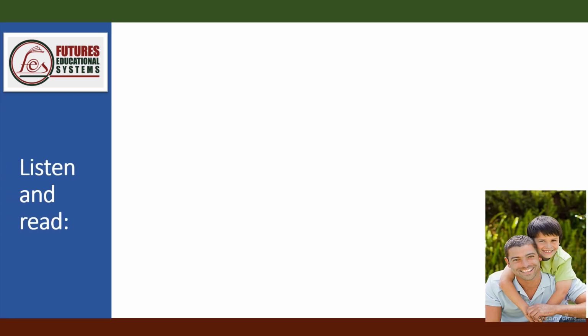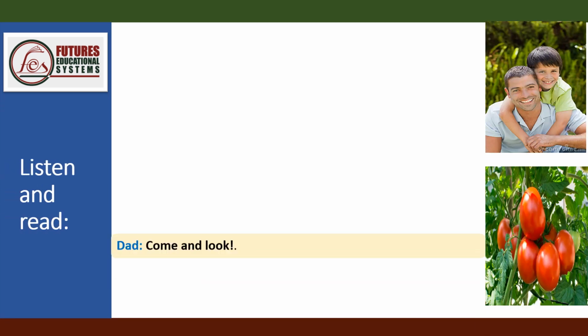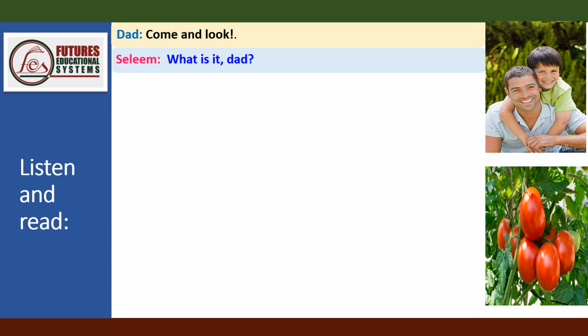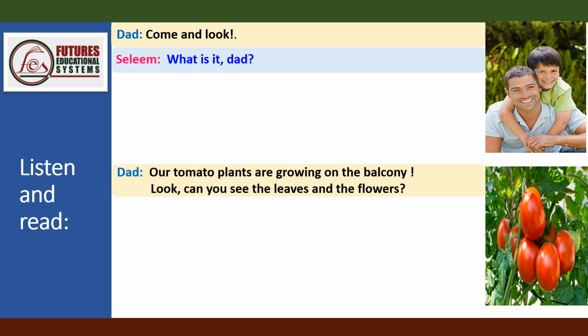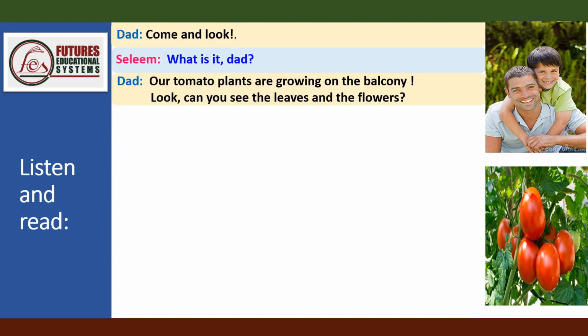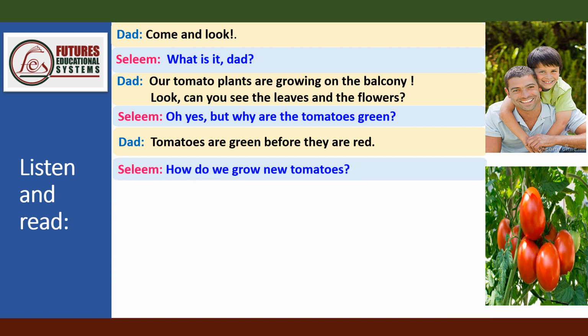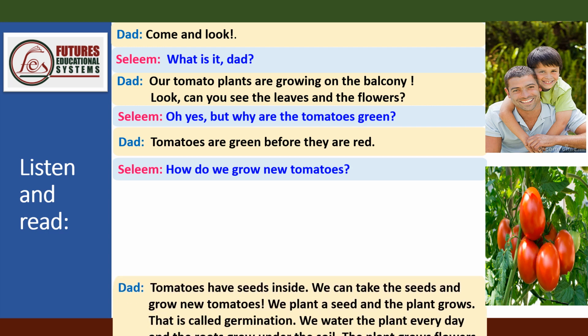Listen and read. This is a dialogue. Dad, come and look. Selim, what is it, Dad? Dad, our tomato plants are growing on the balcony. Look, can you see the leaves and the flowers? Selim, oh yes. But why are the tomatoes green? Dad, tomatoes are green before they are red. Selim, how do we grow new tomatoes?